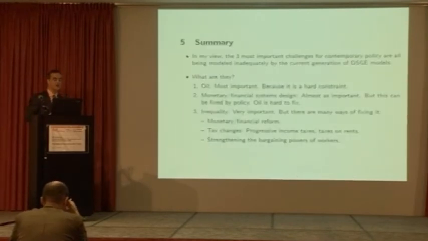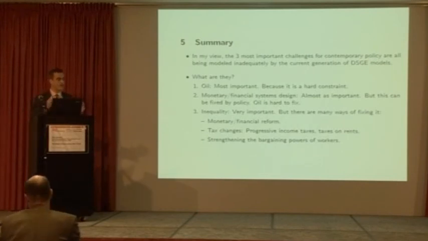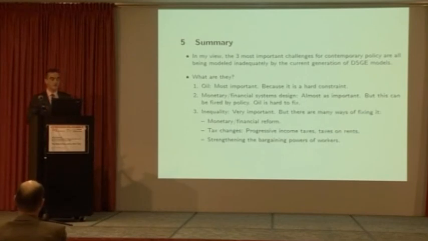So, summary. In my view, these three are the most important challenges for contemporary policy. You may disagree. They're all being modeled inadequately by the current generation of DSGE models, but that's not the fault of the DSGE technology. That is the fault of what people do with their DSGE technology.